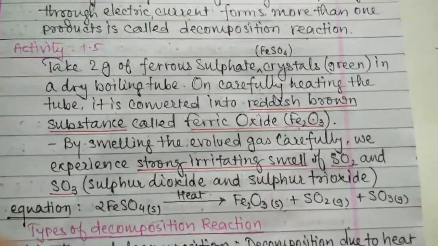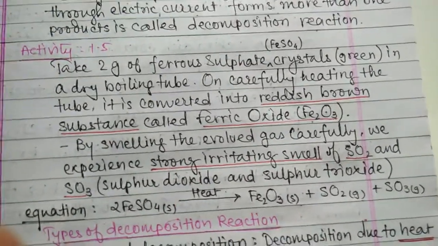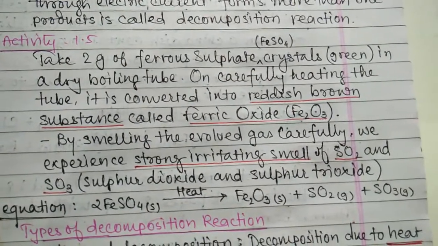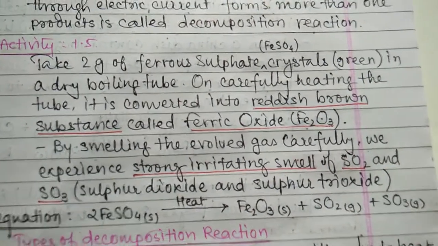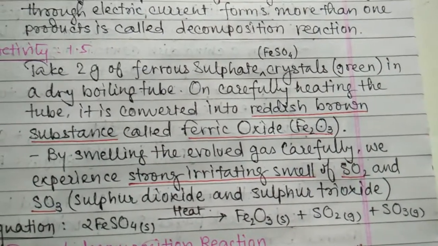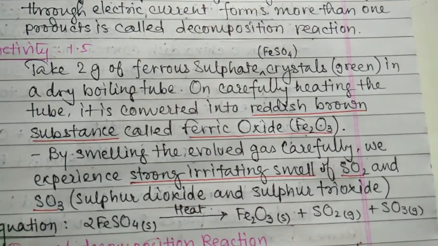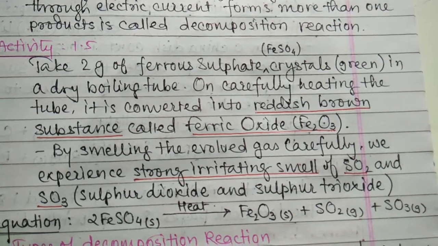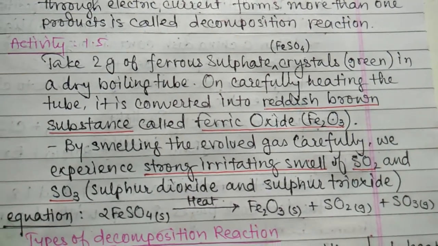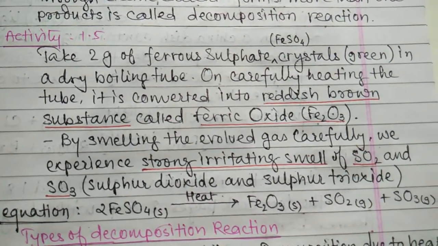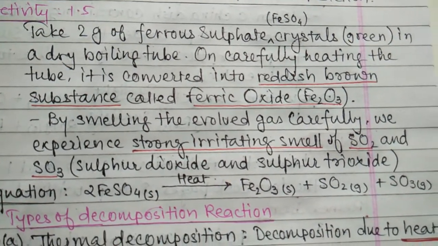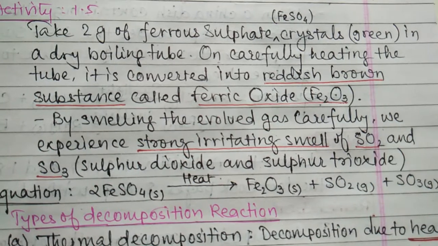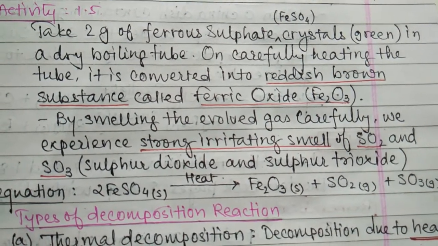Now, according to activity 1.5 in our textbook, take 2 gram of ferrous sulfate, formula FeSO4, which is in crystal form. The color of this crystal is green. Heat it carefully in a dry boiling tube.